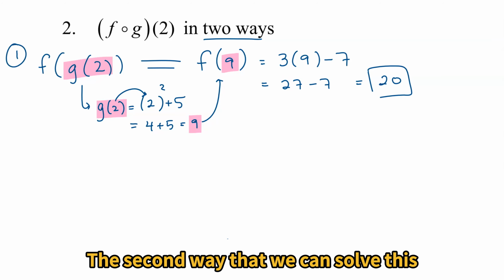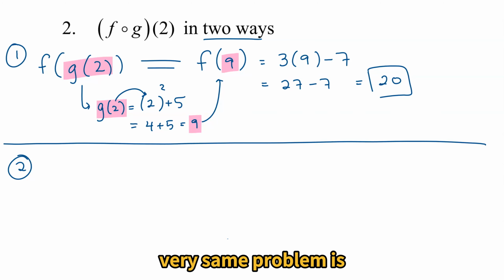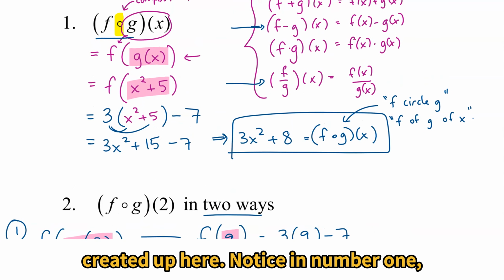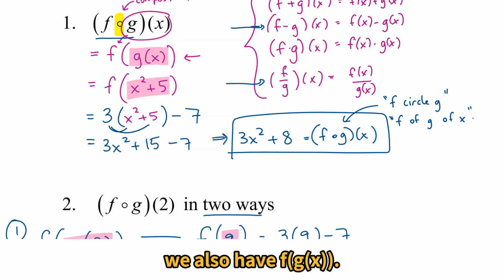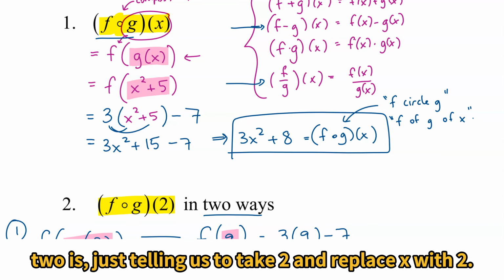The second way that we can solve this very same problem is by using the very function that we created up here. Notice in number 1, we also have f of g of x. Number 2, we have f of g of 2. So number 2 is just telling us to take 2 and replace x with 2.